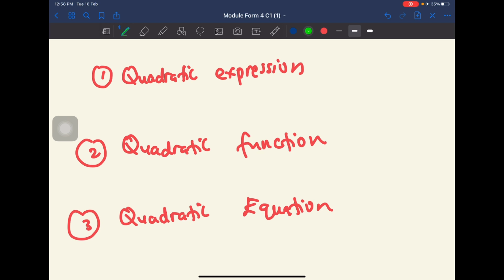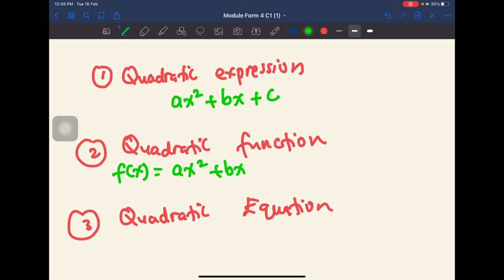Okay, quadratic expression tadi kita ada ax squared plus bx plus c. For function pula dia boleh ditulis sebagai f(x) equals to ax squared plus bx plus c, or you can write it as y equals ax squared plus bx plus c. Apa pula quadratic equation?